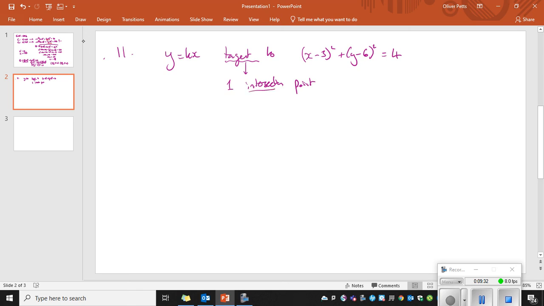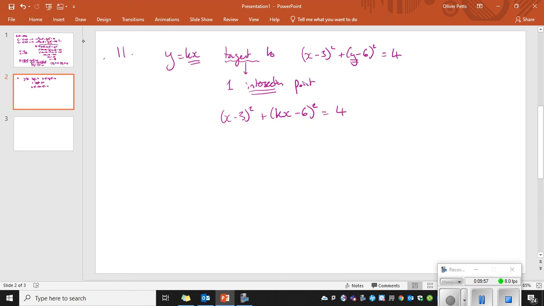Intersection points are found by solving simultaneously. So I'm going to substitute y equals kx in place of the y in the circle equation. So I'm going to have x minus 3 squared plus kx minus 6 squared equals 4.